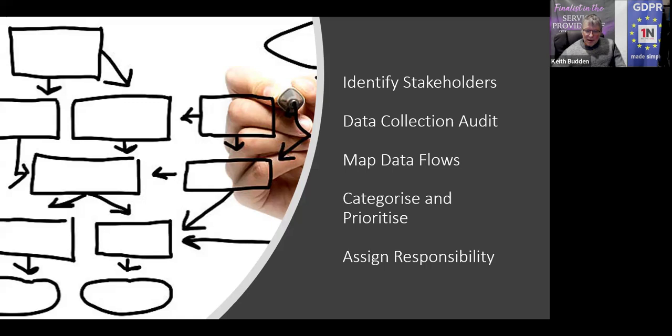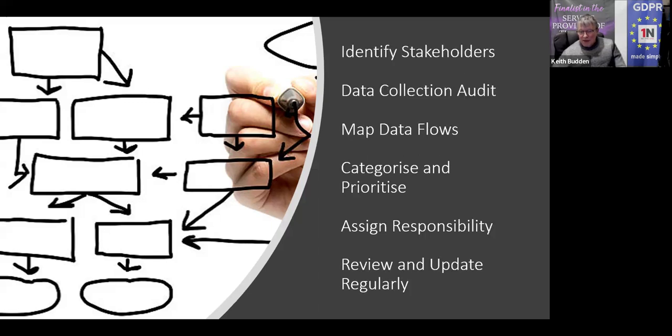If you're looking at a new project and perhaps you're carrying out a data privacy impact assessment, who's going to be responsible for that? So assign responsibility across the business groups as to who's going to be doing what, so you keep them alive, because they do need reviewing and updating regularly. As I say, it's very important that they're a living document.